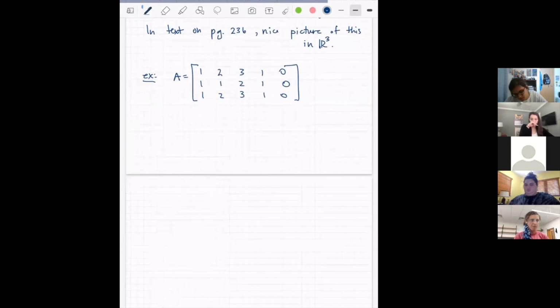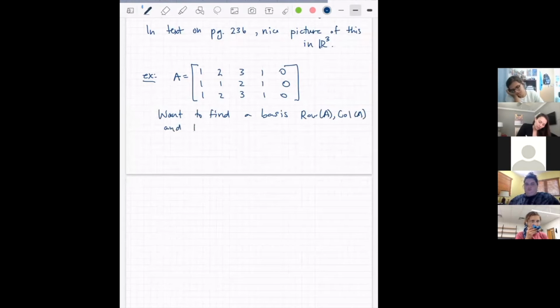We want to find a basis for the row space of A, column space of A, and null space of A. For both the row space and column space, we're going to want to row reduce this matrix.